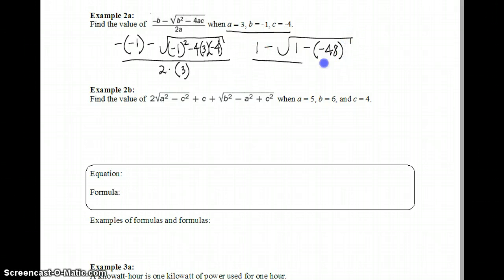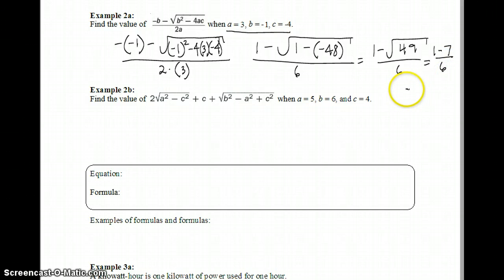We still have that square root, all over 2 times 3 is 6. We simplify it some more. We have 1 minus the square root of 1 minus a negative 48, which would be 1 plus 48, which would be 49, all over 6. 1 minus the square root of 49 is 7, over 6. You have 1 minus 7 is negative 6 over 6, which equals negative 1.